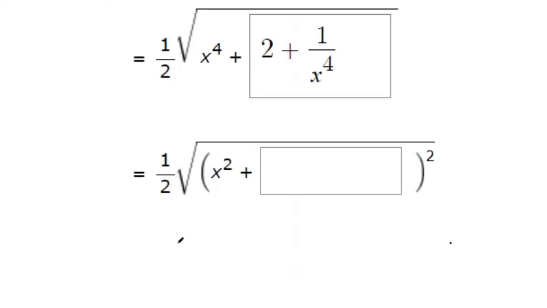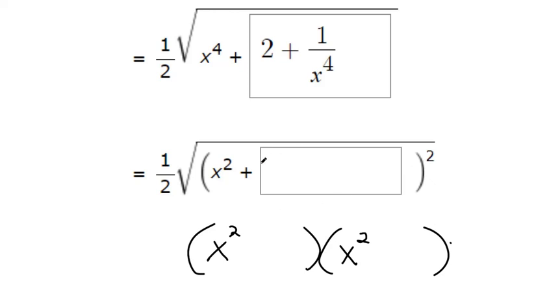I gotta pause. Okay, it's tough, but I did figure it out. This can be factored, and they gave us a clue. It's got to be x squared for the first term. Now we just have to figure out what the second term has to be. It's going to be squared when we factor it, so they have to be the same. Each parentheses has to start with an x squared because it's something times itself. That's what squaring does for us. Then the last two terms need to multiply to 1 over x to the 4th, so if they're the same thing, it has to be 1 over x squared.